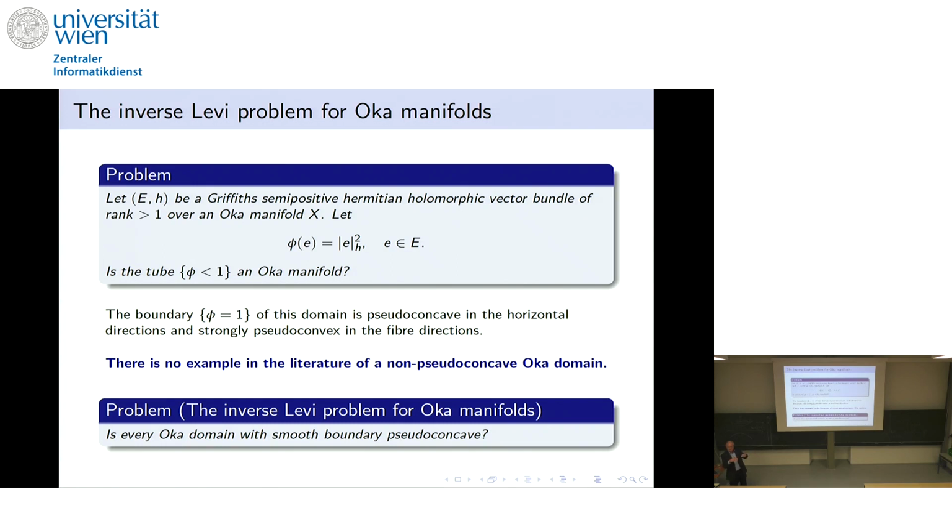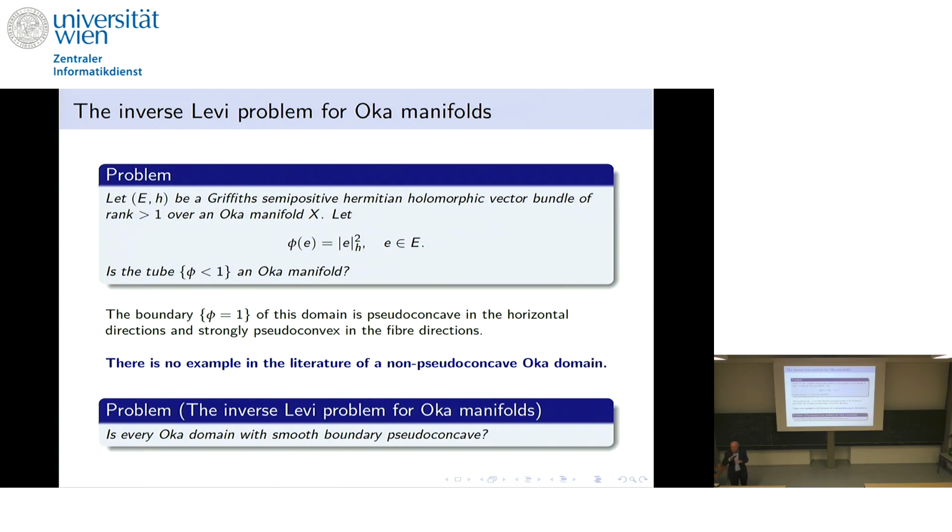So it's a case of mixed signature. Actually, there is no example in the literature. We don't know a single example of an Oka domain in some bigger complex manifold with at least somewhat smooth boundary, which would have a boundary point that is not pseudo-concave, like mixed signature.